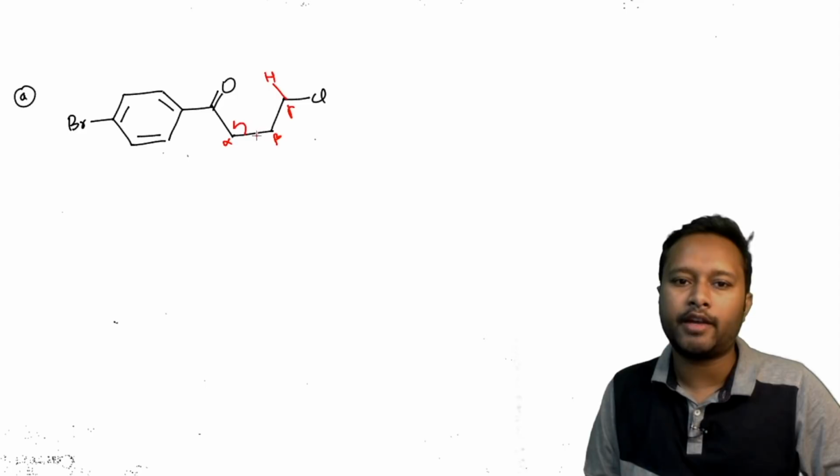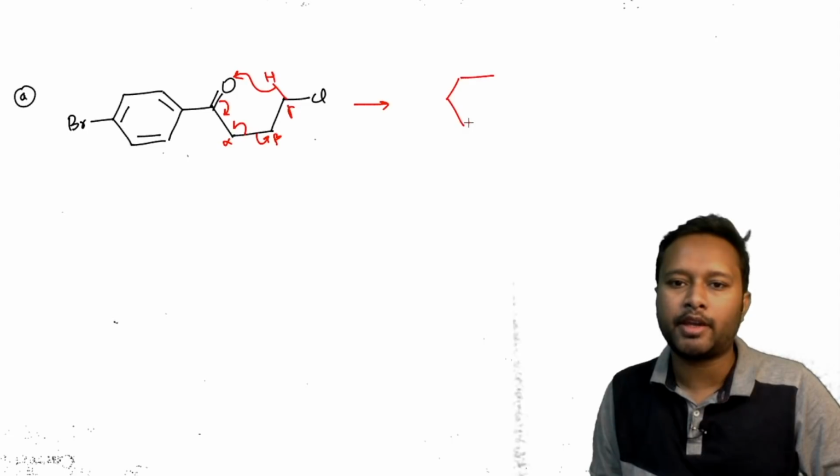This alpha and beta bond generally breaks over here, this particular hydrogen goes with it, and you will have a double bond formed in this particular place. So the fragment which you are going to expect is going to have something like this: bromine over here, then this is the phenyl ring, and if you see here, you will be having OH and double bond. So that's what you are going to have.